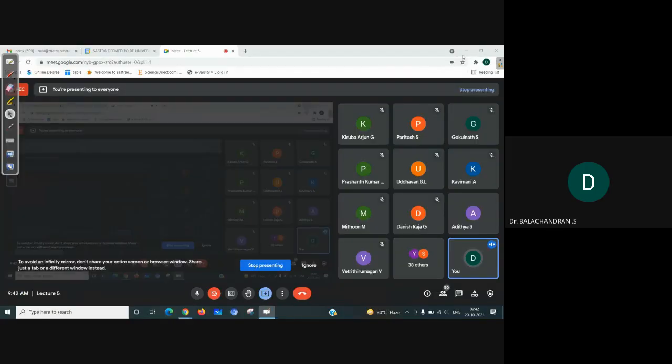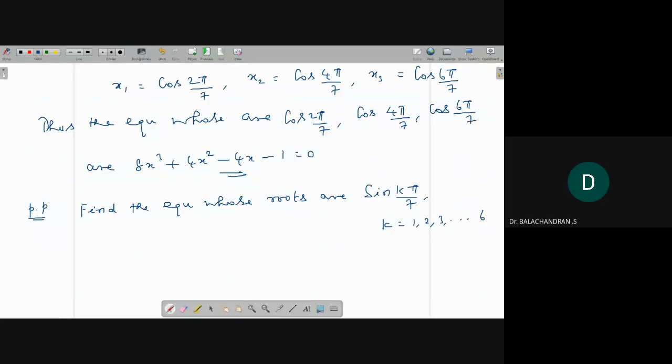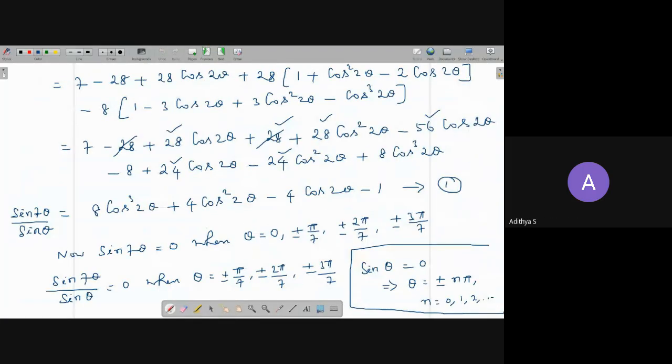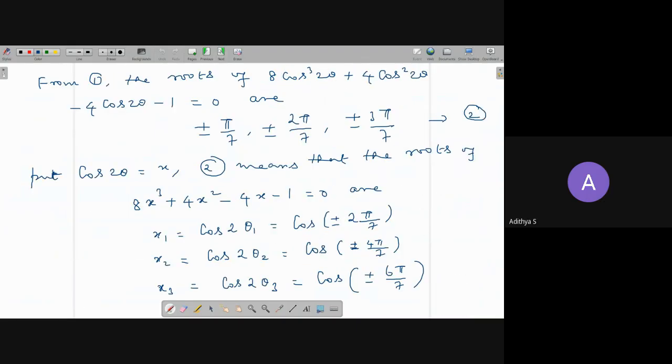So somebody is asking a question. What is the question, Aditya? Sir, in the previous problem, as they have given the three roots, can we take x minus cos 2 pi by 7 into x minus cos 4 pi by 7 into x minus... Your voice is breaking. I can't hear your voice properly. Sir, they have given the three roots, right? Yes, please tell quickly.